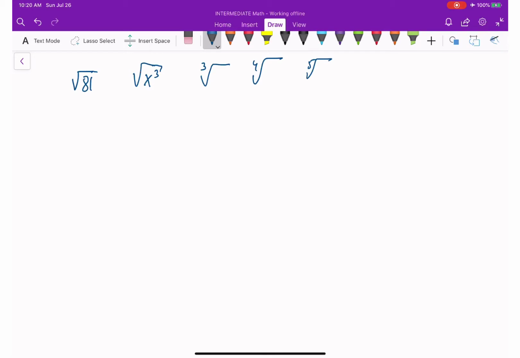So you will know it's 2 here. Every time when there is no degree, that means it's 2. And by default, we don't even put that 2, right? Therefore, when we are talking about square root, we understand degree 2. If it's more than 2, then we are writing down the degree.